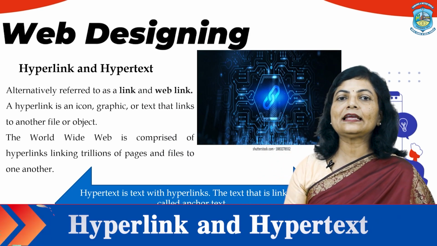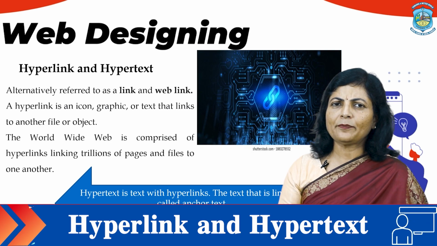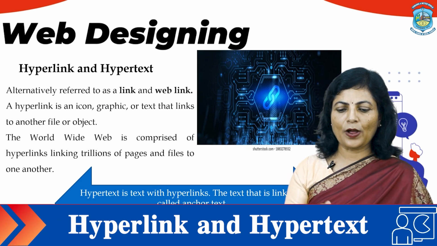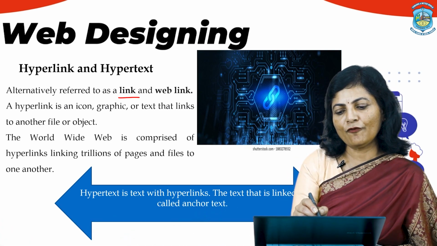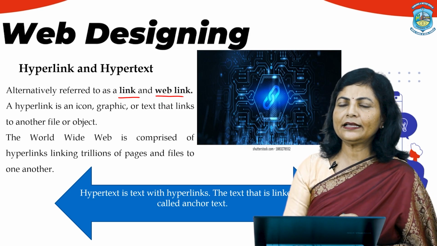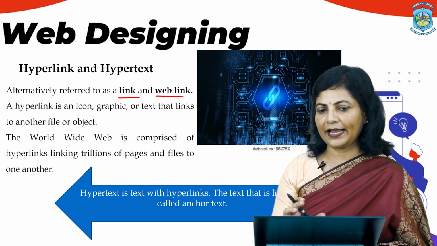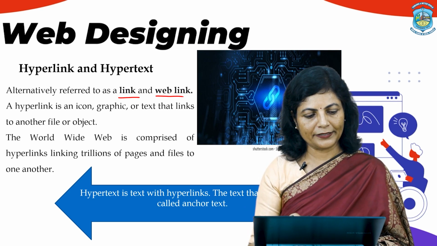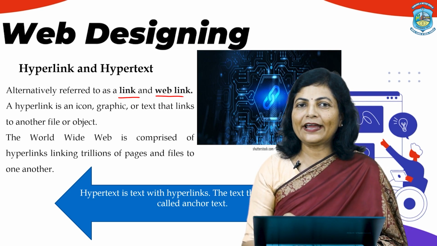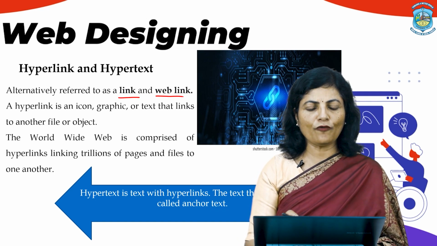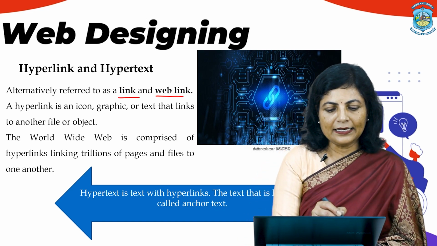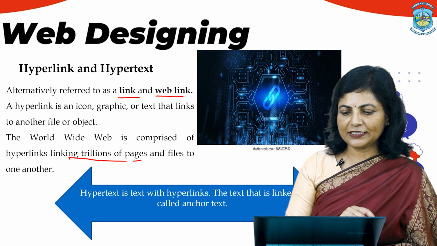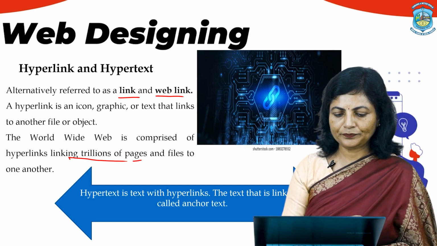Next is hyperlink and hypertext. Hyperlink is alternatively referred to as link or web link. A hyperlink is an icon, a graphic or a text that is linked to another file or document. The World Wide Web is comprised of hyperlinks linking trillions of pages and files to one another.